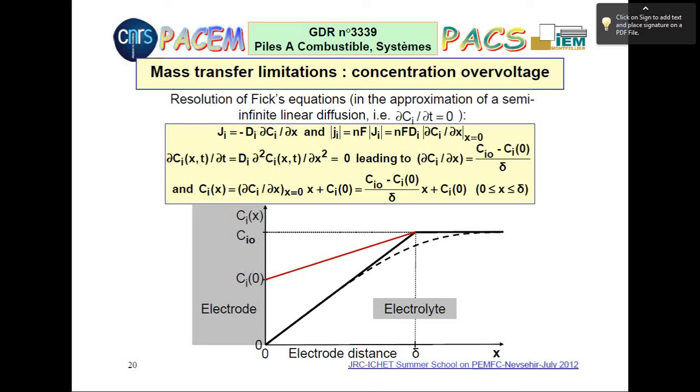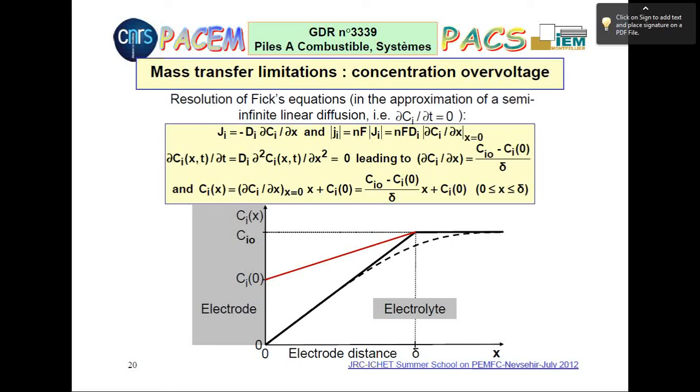So you can solve this equation easily, and you have, between zero, the electrode surface, and a distance from the electrode, delta, which is called the diffusion length, you reach the bulk concentration. So this approximation is linear, and you see that the gradient of concentration is the difference of concentration between this point and the electrode surface.